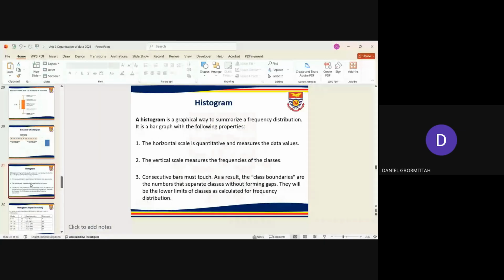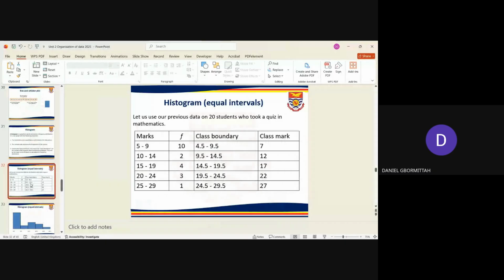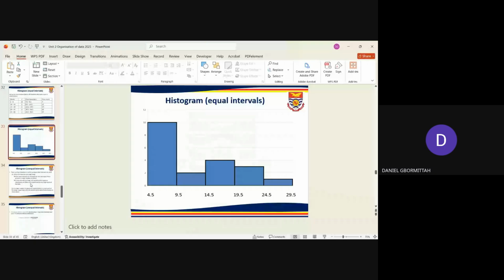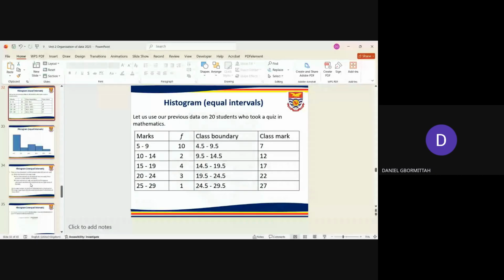We use that especially for grouped data. You have to work examples on grouped data that has unequal class size.